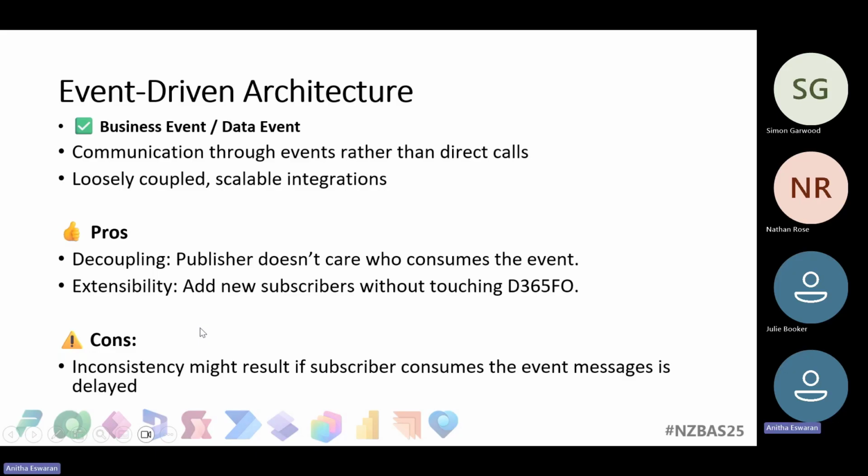This is extensibility. The only downside is that inconsistency might result. For instance, if the consumer consumes the message in a delayed manner, the end system might have a consistency issue. The data sent from our FNO might not be updated immediately in the end system.